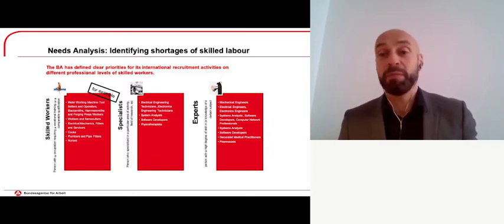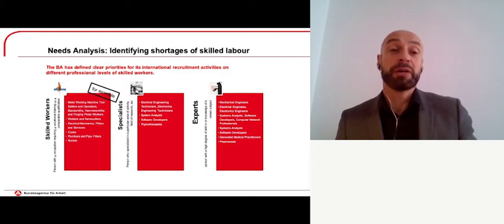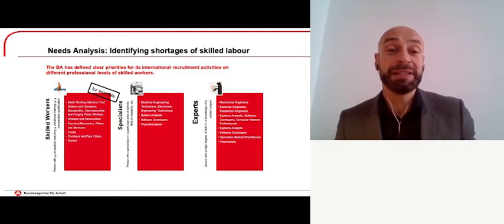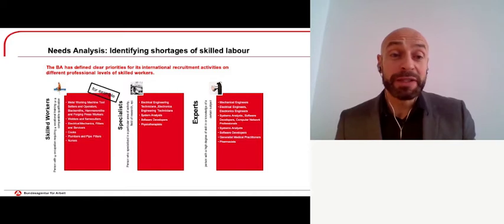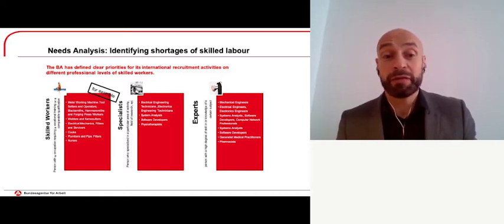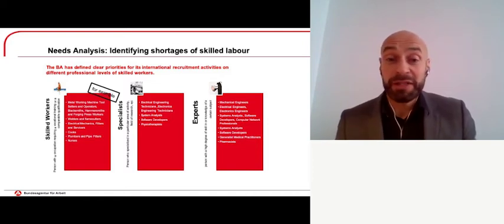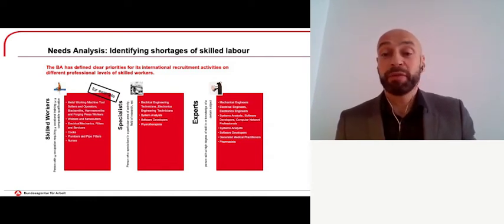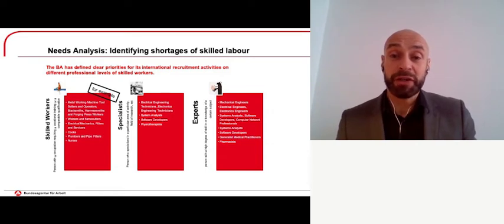Of course, that was before the Corona crisis, in 3 different professional levels that you can see listed here, and that includes a whole variety from care workers, doctors, but also mechanical engineers, plumbers, pharmacists, and cooks, for example. And so you can see there's a very broad variety of needs on the German labor market.